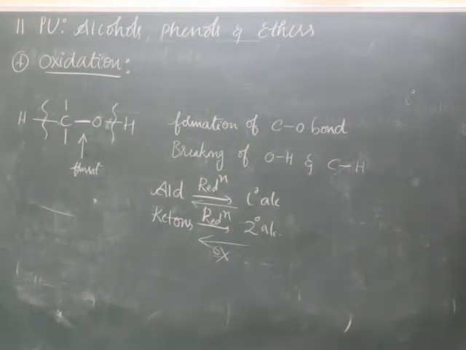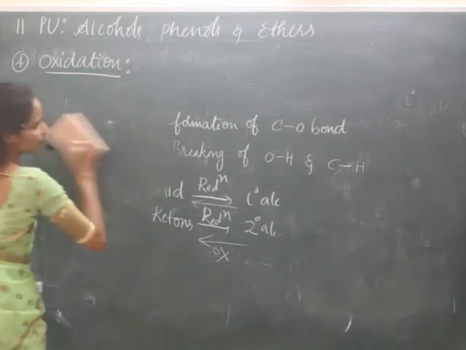Primary alcohols on oxidation gives aldehydes and secondary alcohols on oxidation gives ketones. Let us see by taking a few examples.